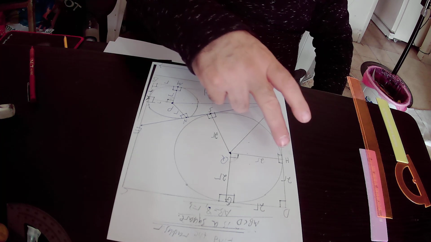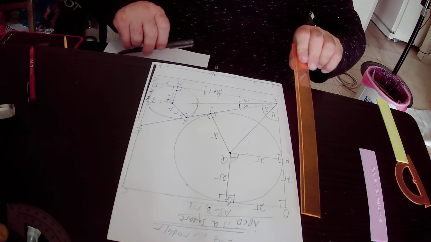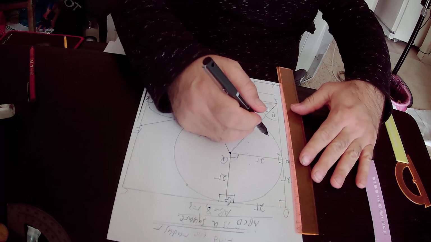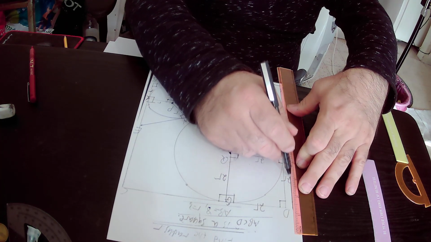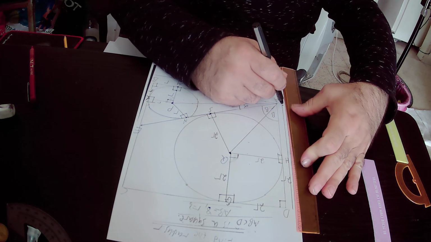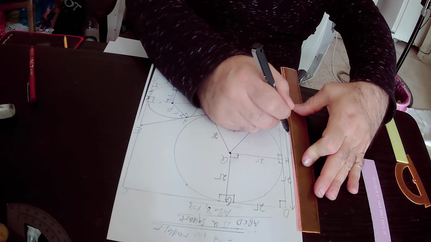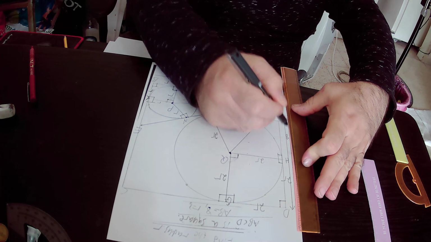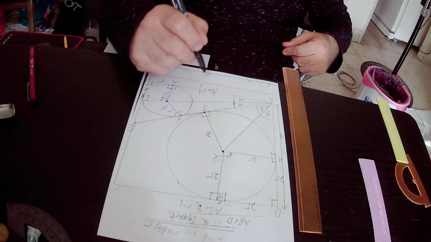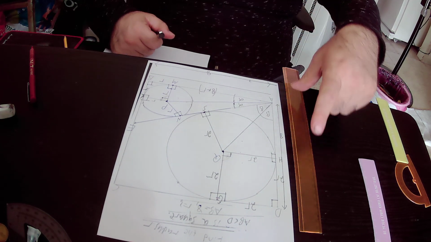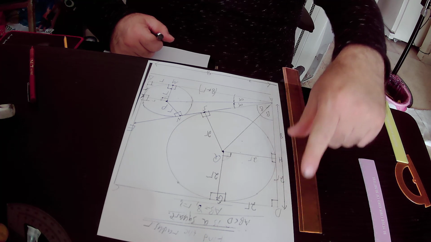We know that DA is one side of square ABCD, therefore it equals 8 units. DA equals 8 units, and DH equals 2R. Again, DA equals 8 units and DH equals 2R.